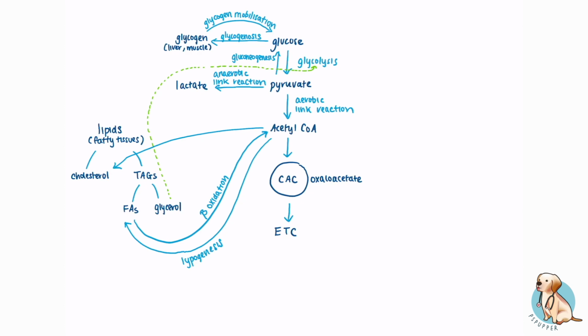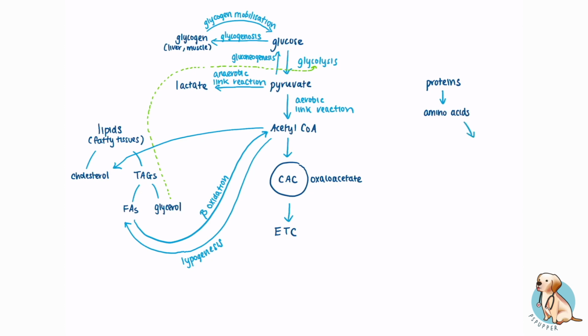So we will now have a look at proteins. Okay, so proteins, remember proteins are just a chain of amino acids. Okay, so amino acids, when they're being metabolized, they can be broken down into three separate things.